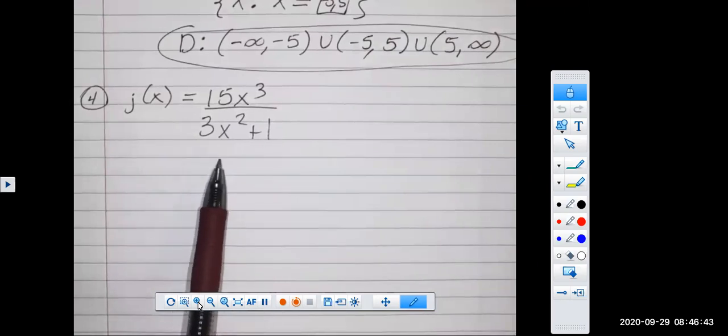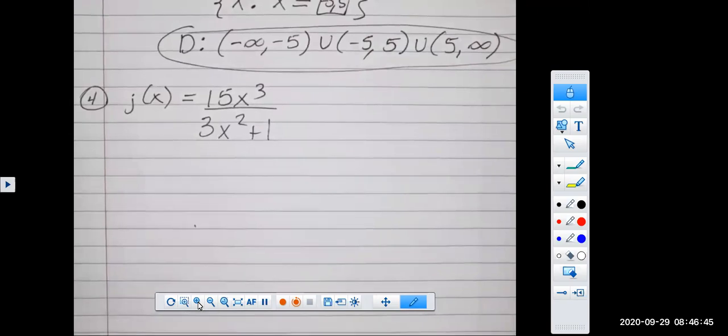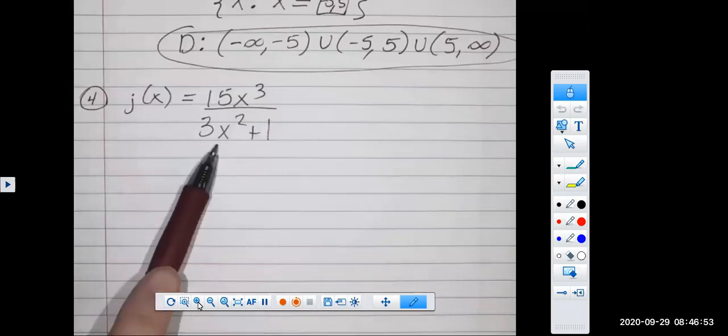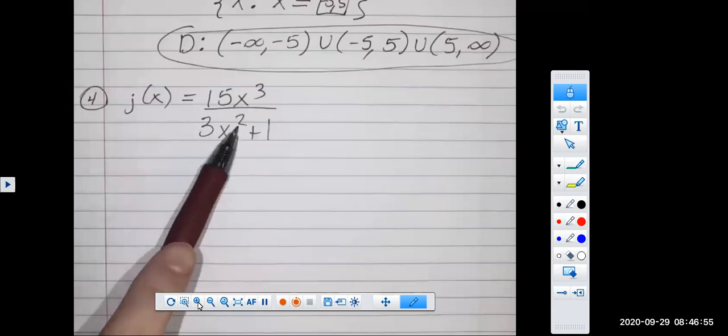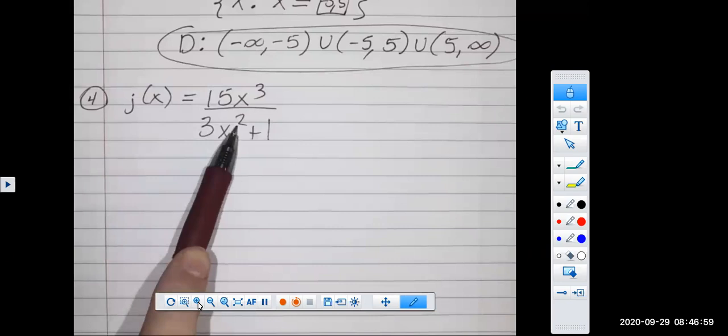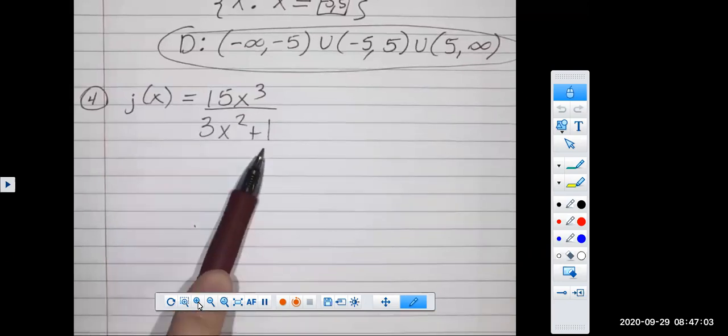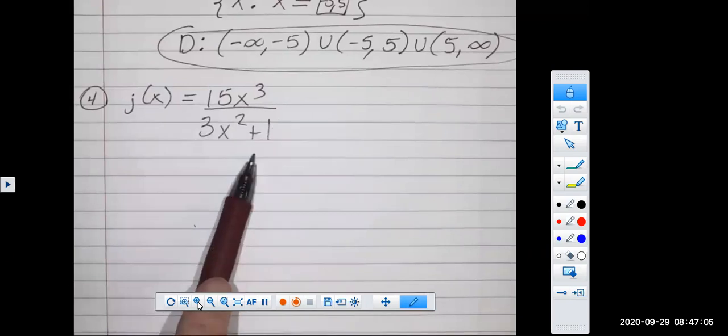Is there any restriction placed on x? There's not. Good. Because what are you doing with x when you plug it in? When you plug in any value, you are squaring it, so that will give you a positive number, and then you multiply it times 3 and add 1. So this is never going to equal 0.